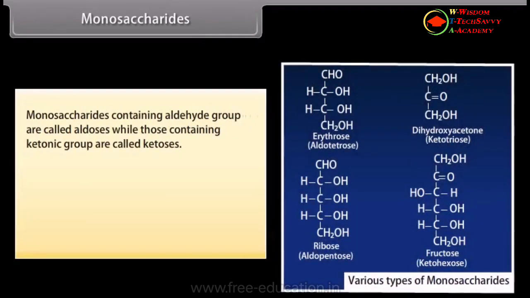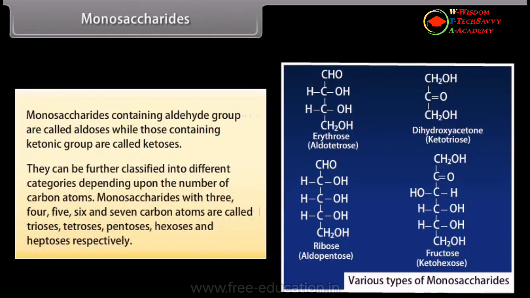Monosaccharides. Monosaccharides containing aldehyde group are called aldoses, while those containing ketonic group are called ketoses. They can be further classified into different categories depending upon the number of carbon atoms.